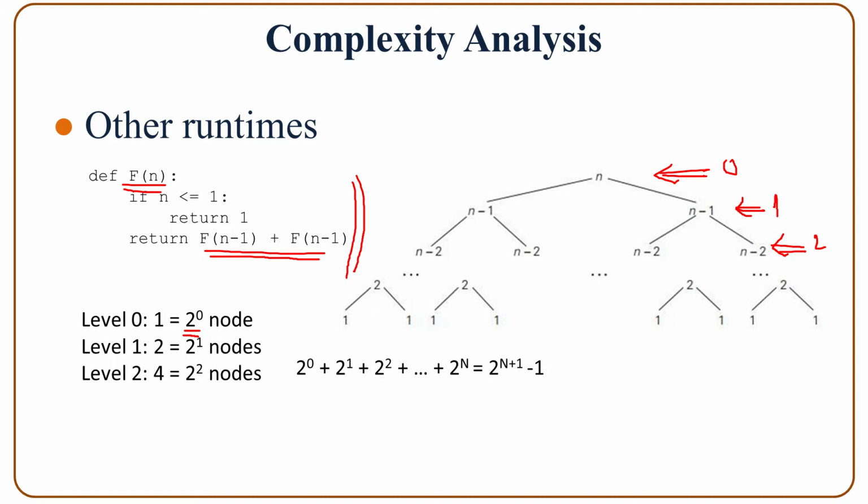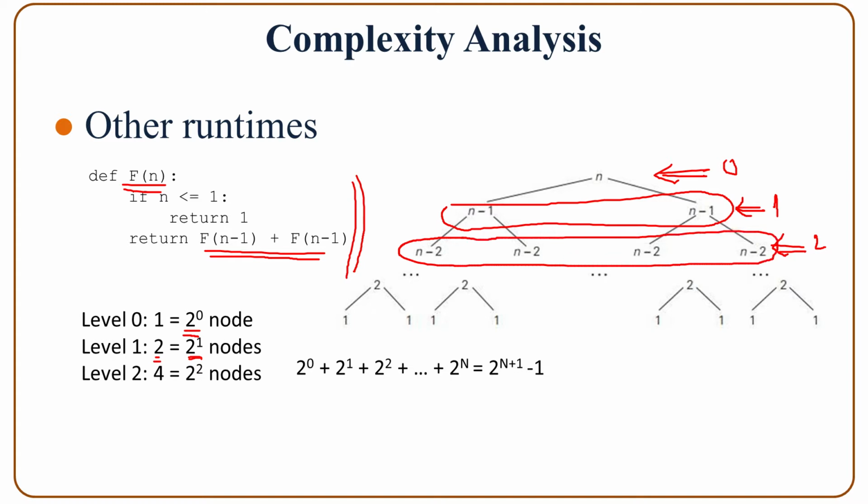At level 1, we have 2 nodes, or 2 to the 1 node. At level 2, we have 4 nodes. Four can be written as 2 squared. We repeat this again and again until we have all ones.